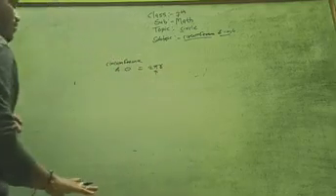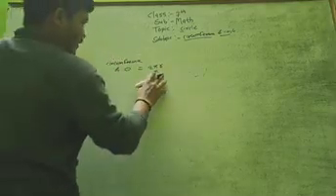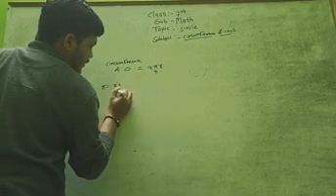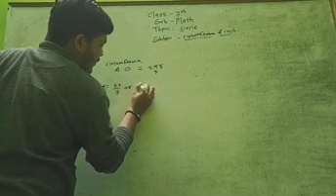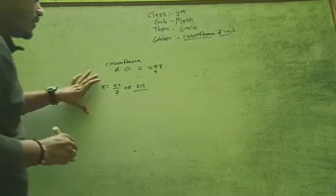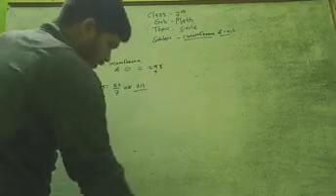If it's given in the problem, then it's okay, but if the value of pi is not given, take it as 22/7 or 3.14. The 3.14 or 22/7 is the standard value for pi. So the formula for the circumference of the circle is 2 pi r.